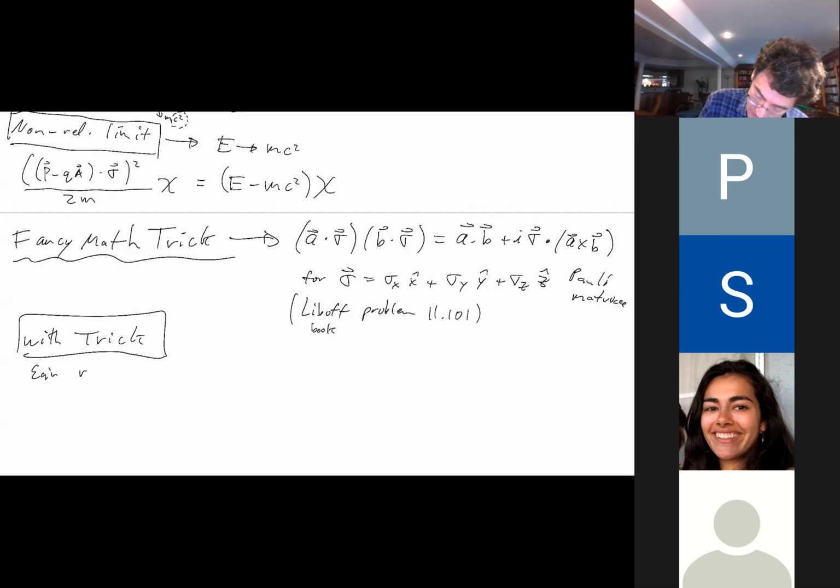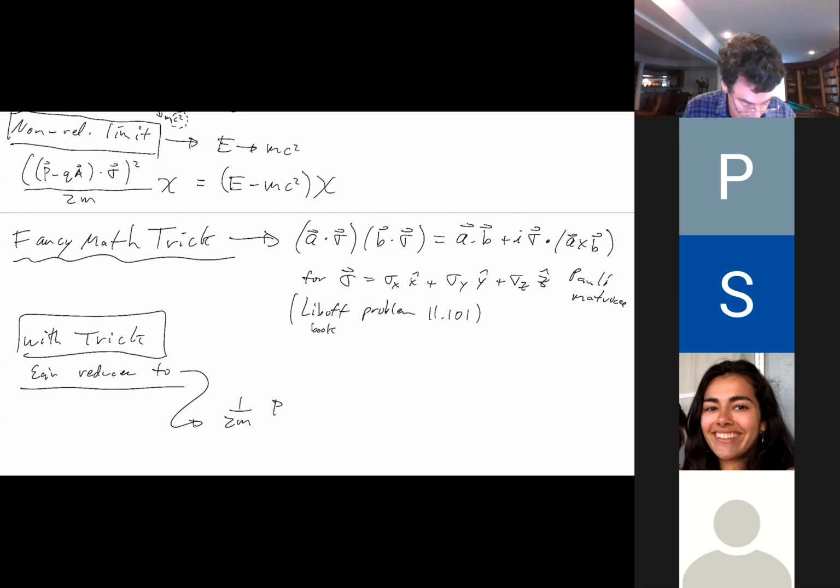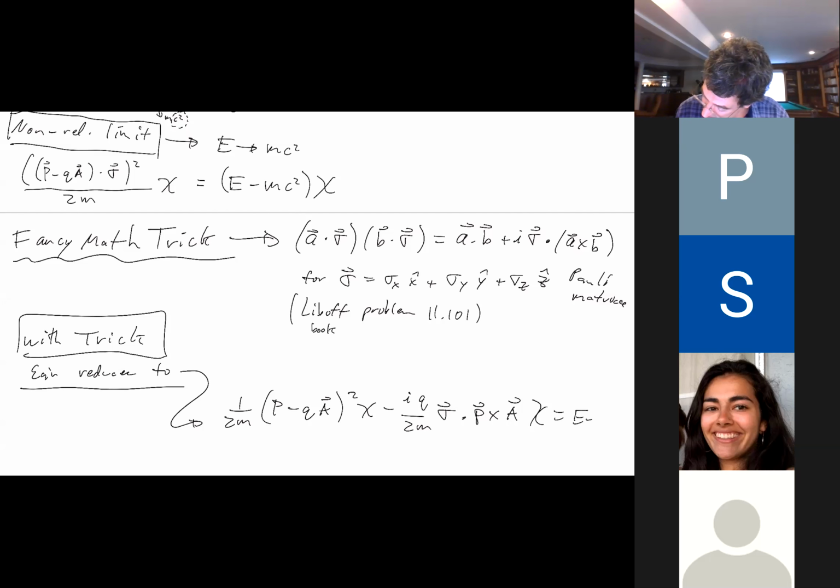I have 1 over 2m (p minus qA) squared chi minus iq over 2m sigma dot (p cross A) times chi is equal to (E minus mc squared) chi.